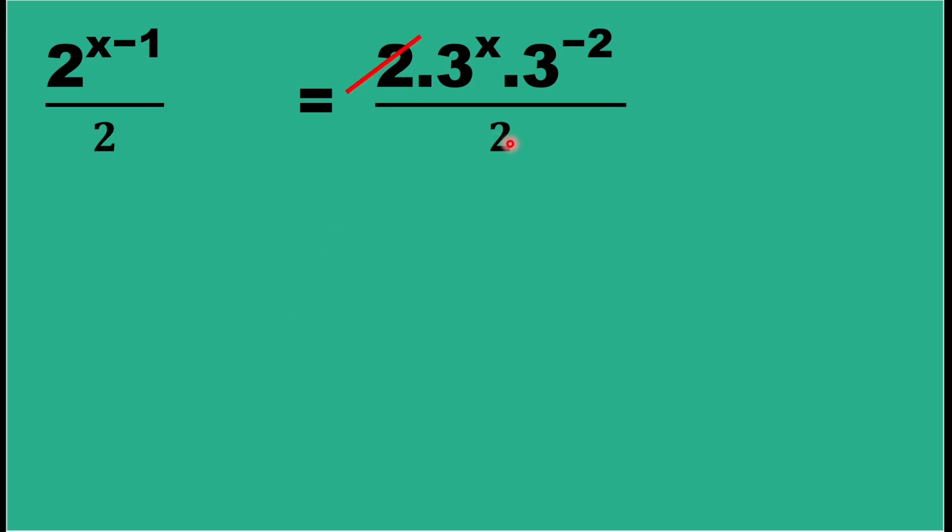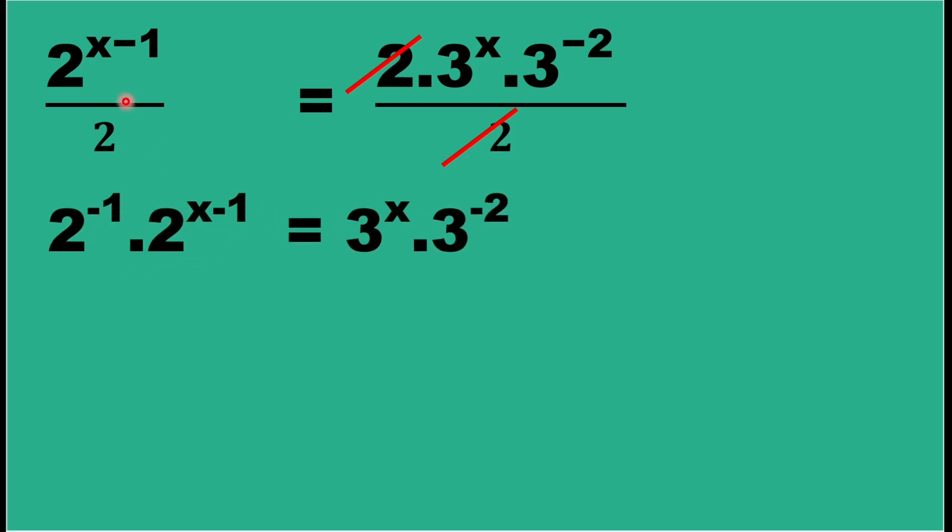Now this 2 will cancel this 2, so then we have 2 power x minus 1, and with this we will send this 2 in the numerator, so this will become 2 power minus 1, and here we have 3 power x into 3 power minus 2.